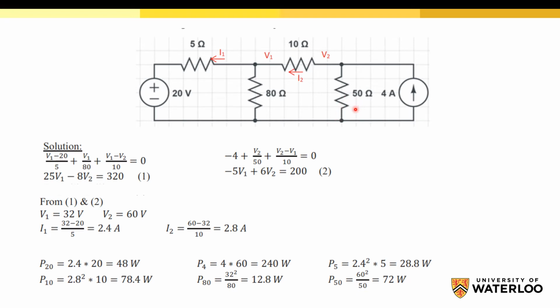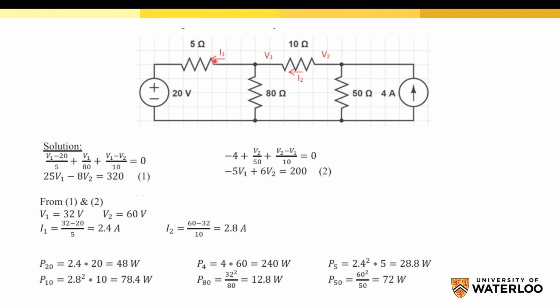Now, coming to the sources, we have a 20 volt voltage source and a 4 amp current source. At this step, we don't know whether both sources are generating power, or one is generating and one is consuming.